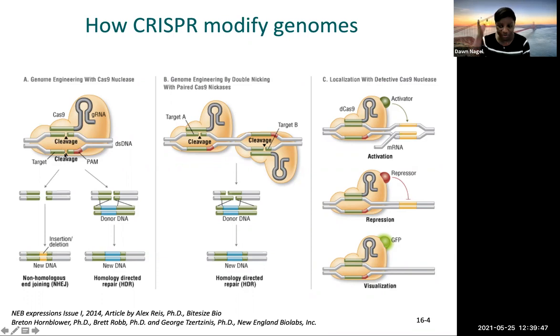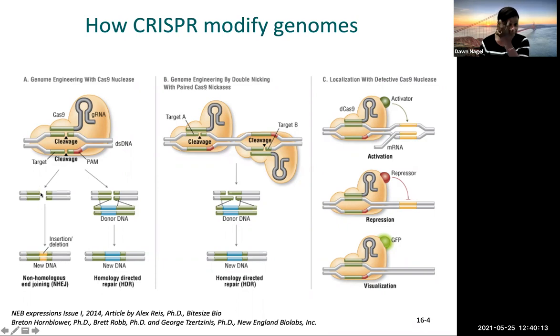You guys recall, double-strand breaks in the genome can be repaired in either of two ways: by non-homologous end joining or homology-directed repair. In non-homologous end joining, this situation allows you to create either an insertion or a deletion, because it's not going to be repaired perfectly.